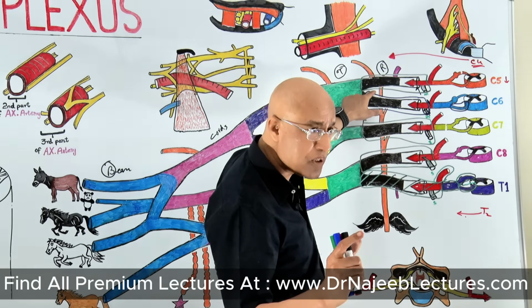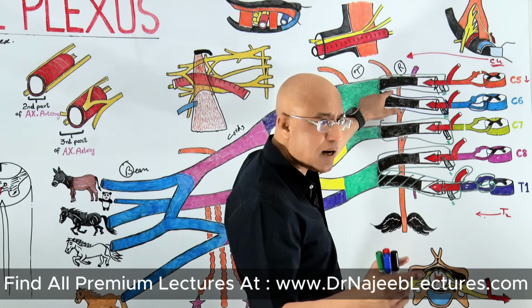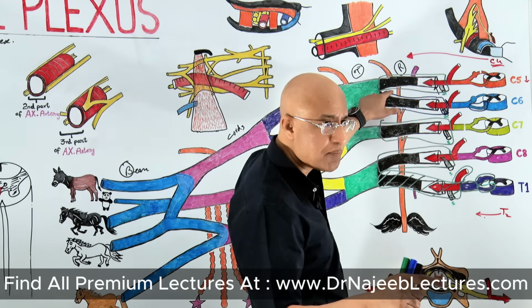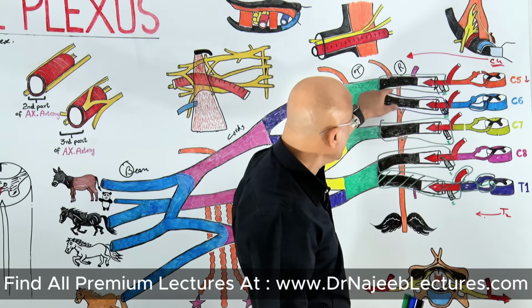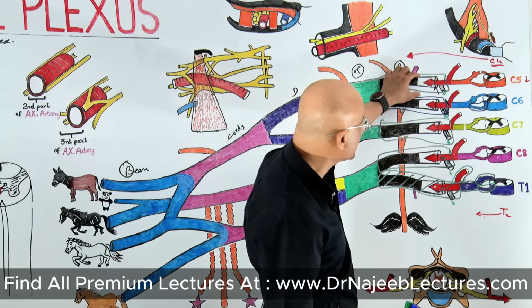That is why it is called a somatic plexus. But they do have some autonomic fibers, sympathetic fibers, right? Now, this root has mixed fibers. Which mixed fibers? Let me make it clear.